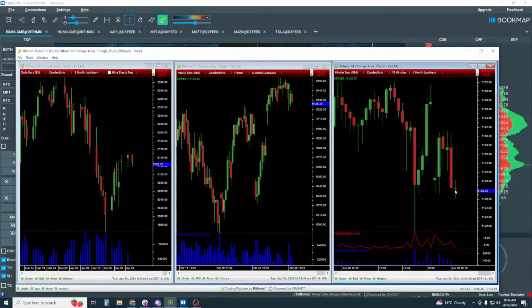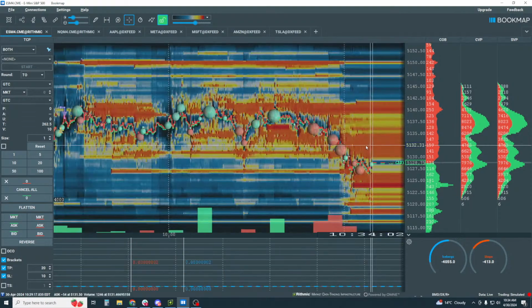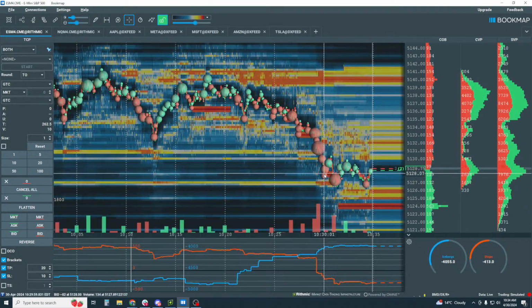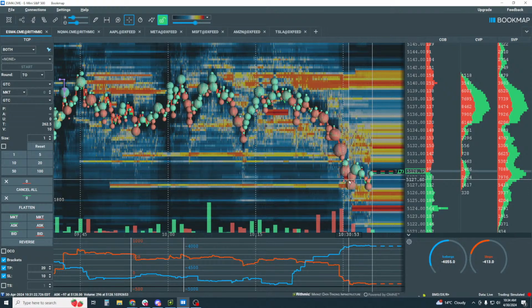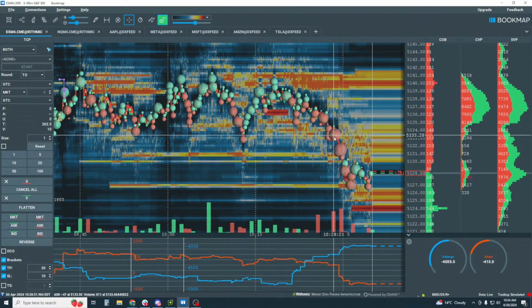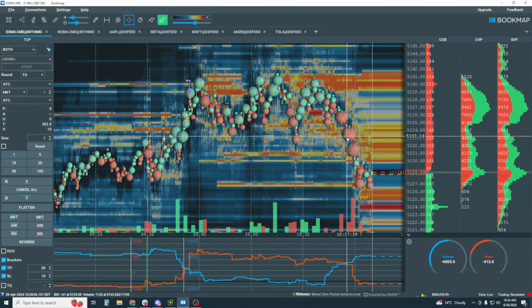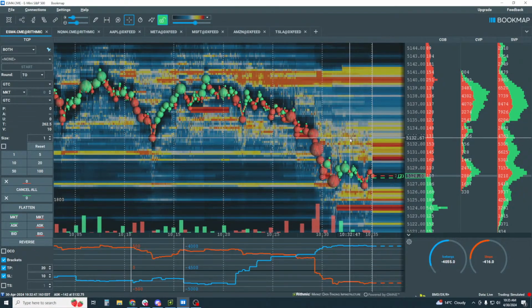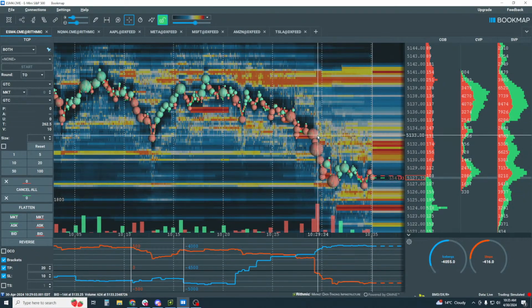So we'll see. I'm actually looking for more sellers to try to trade it back down to maybe the low here. Let's take a look for that. That's the bigger picture. So if that is the case, and the sellers took control here, let's go through some criteria, some trade structure in here.